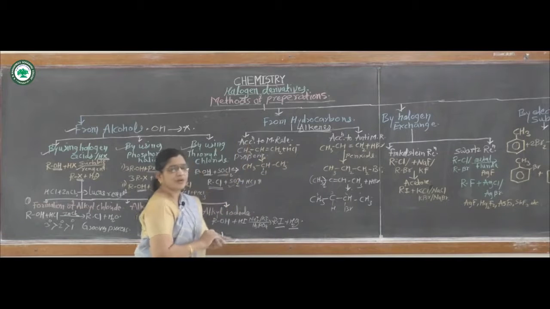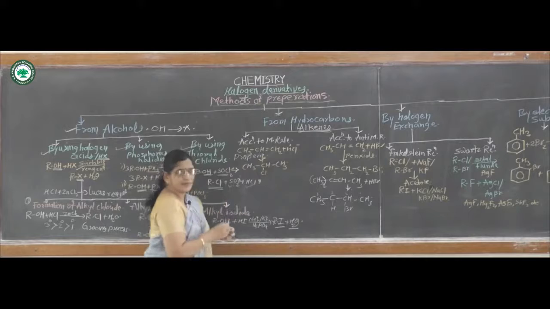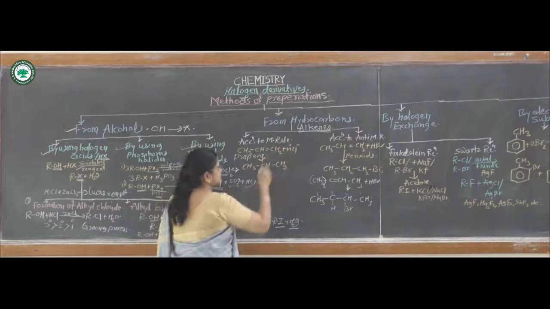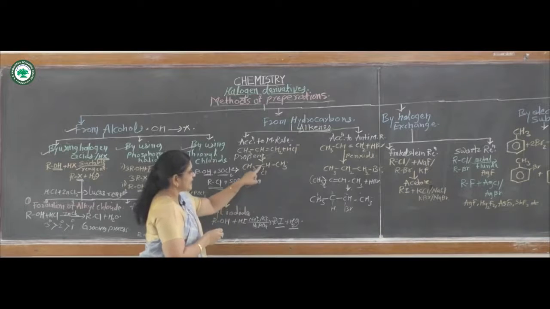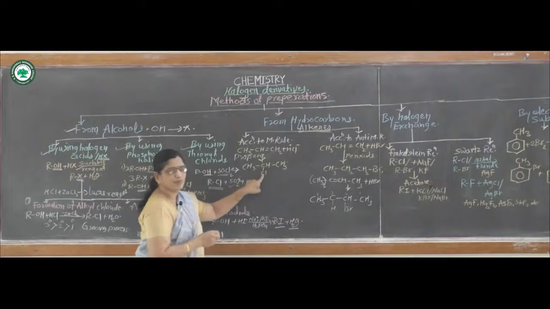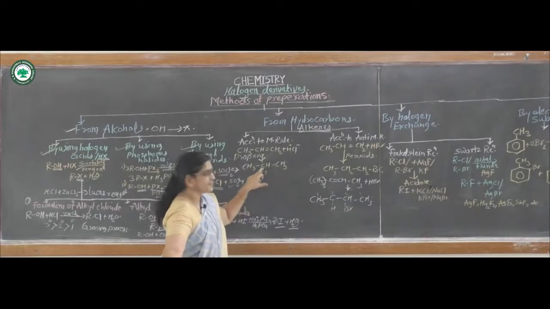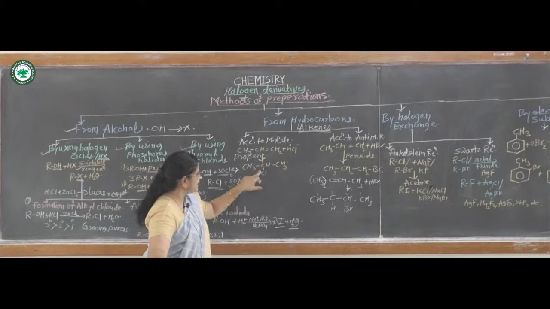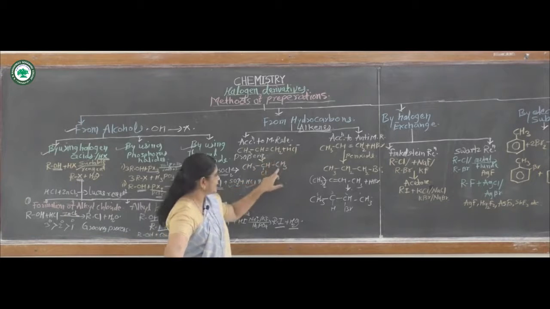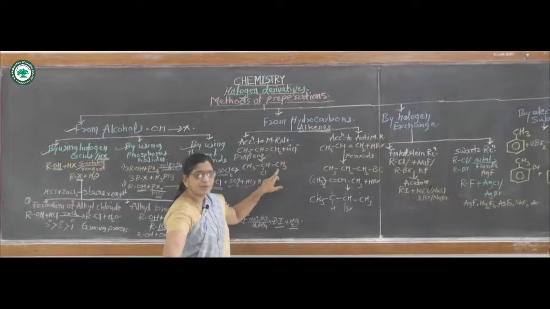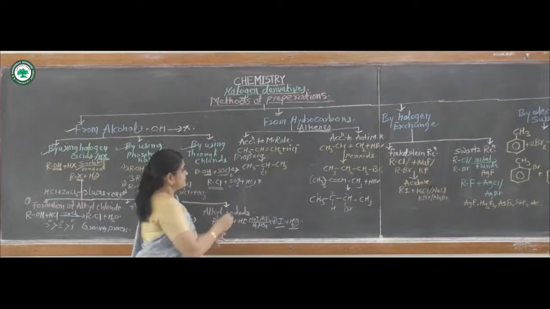Then according to Markovnikov's rule, in such type of addition, the positive part of this reagent gets attached to that carbon atom which carries the greater number of hydrogen atoms, and the negative part gets attached to that carbon atom which carries fewer hydrogen atoms.